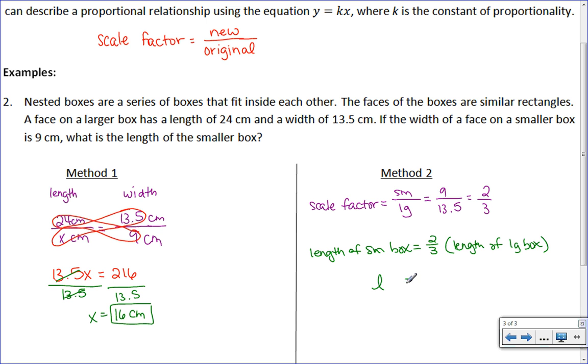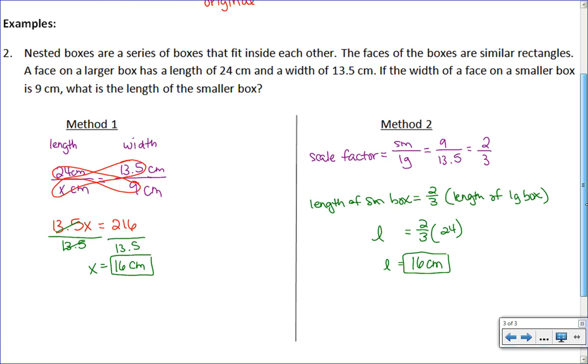We'll just call that L. And that's equal to 2/3 times the length of the large box, which is 24 centimeters. And if we multiply 2/3 times 24, you should get 16 centimeters. The exact same answer we got over here with method 1. Get the same thing using method 2.